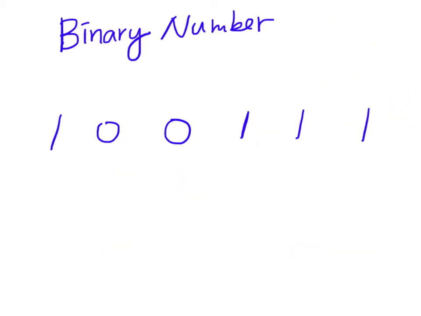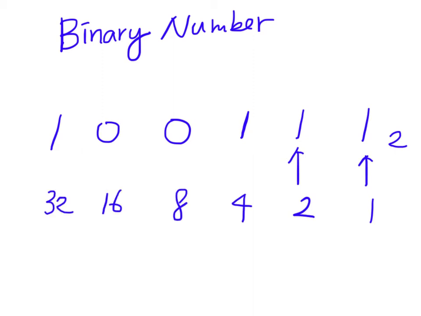Let's see another example. We have this binary number 100111 in base 2. How can we convert this to a Denary number or decimal number? The place values will be 1, 2, 4, 8, 16, and then 32.